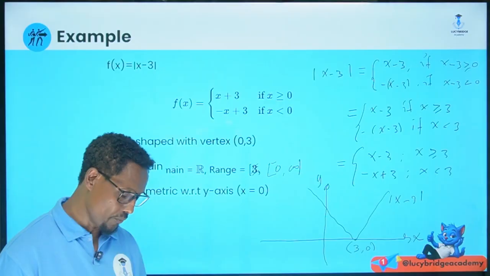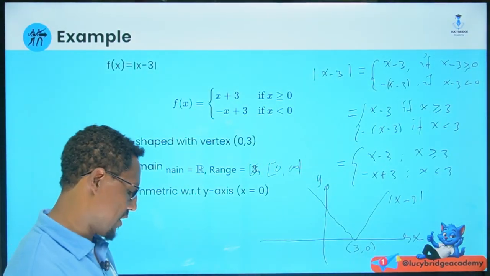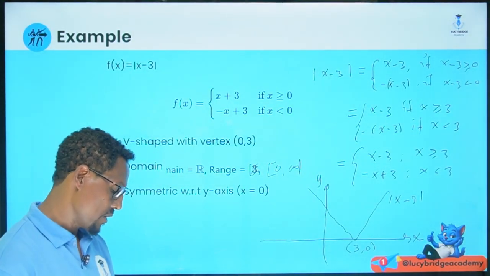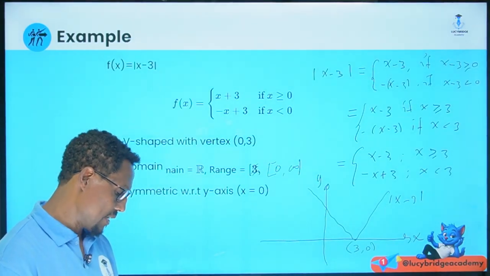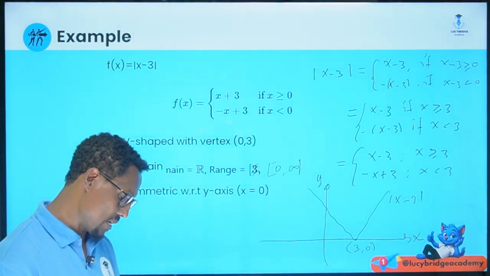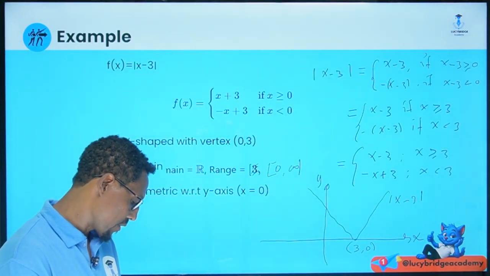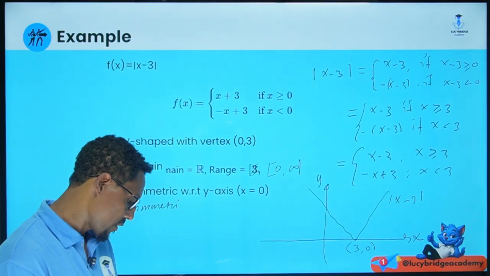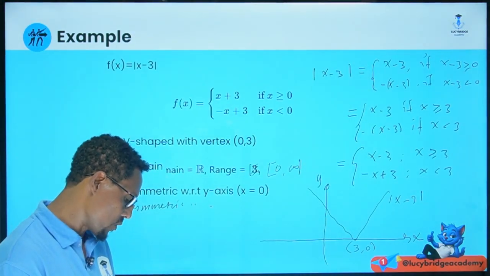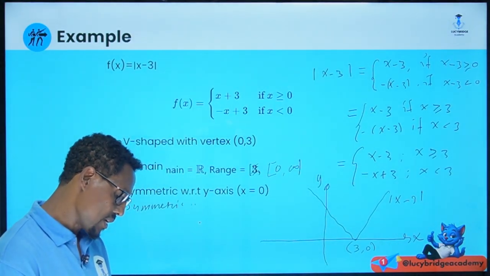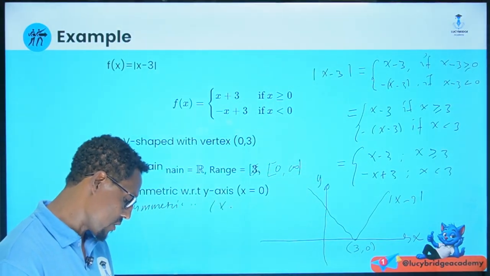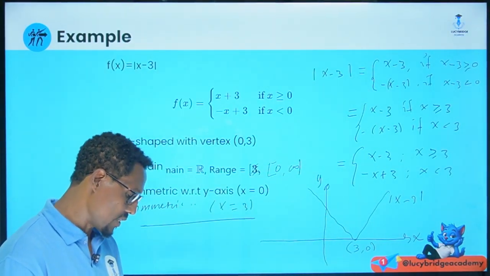That is the range, because it shifts 3 units to the right, the v shape of the absolute value of x. Again the symmetric axis is the line x is equal to 3, symmetric with respect to x is equal to 3, not the y axis. The line x is equal to 3 is the symmetric axis.